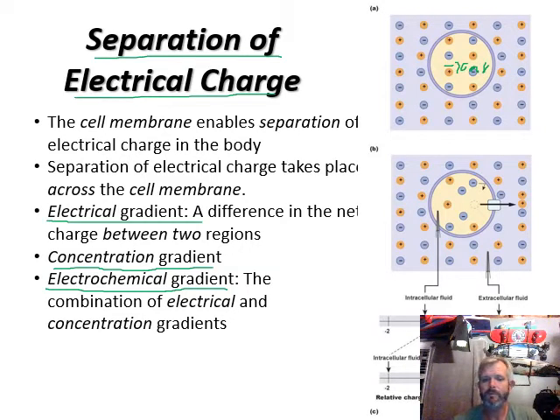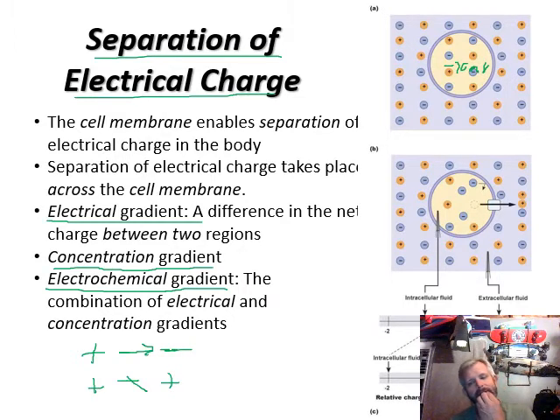One thing to keep in mind is positive is attracted to negative charge, right? And positive is repelled by positive.